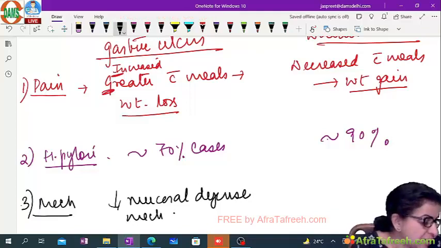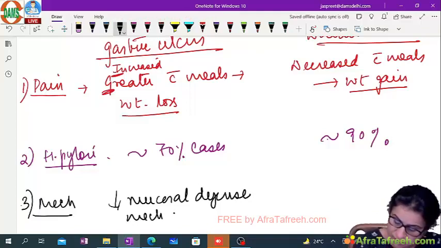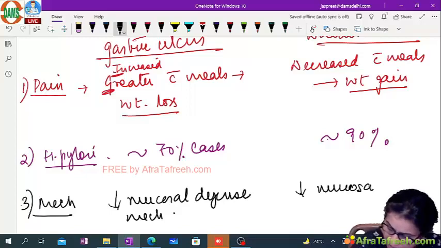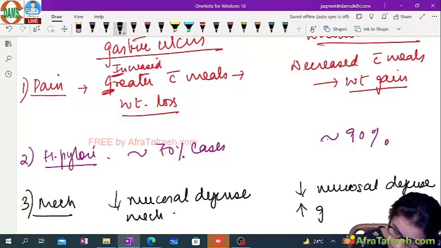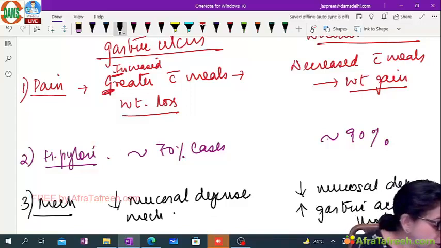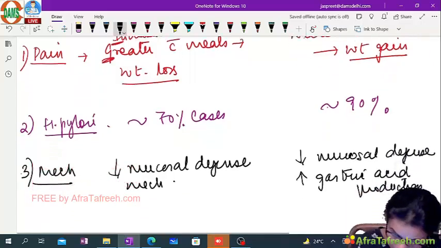Whereas in case of duodenal ulcers, both factors operate: decreased mucosal defense and also increased gastric acid production. Okay.